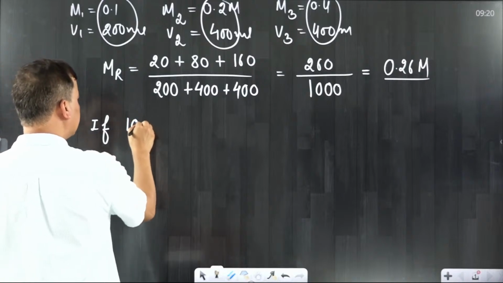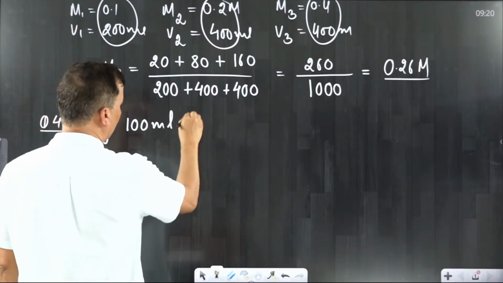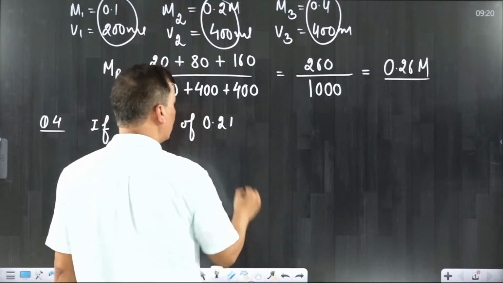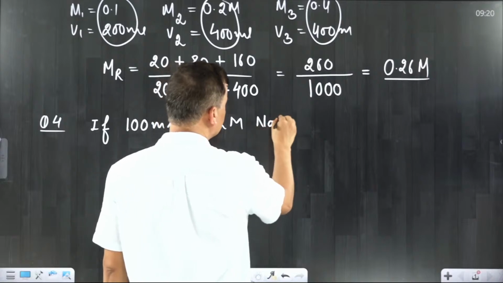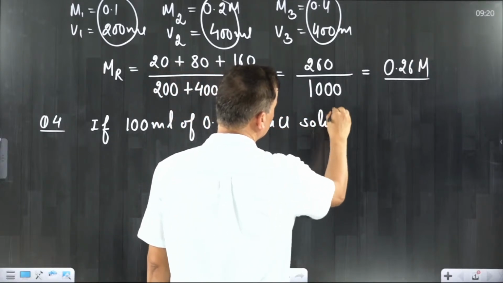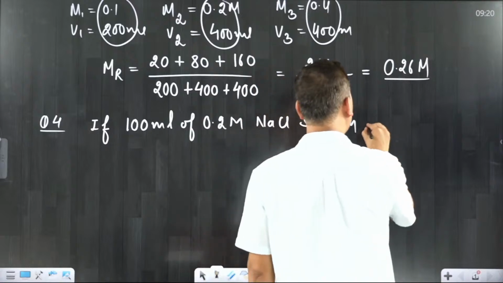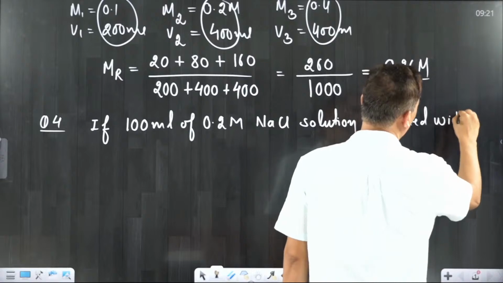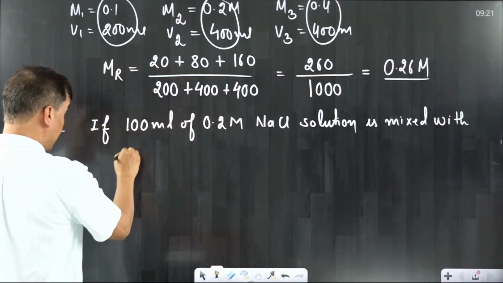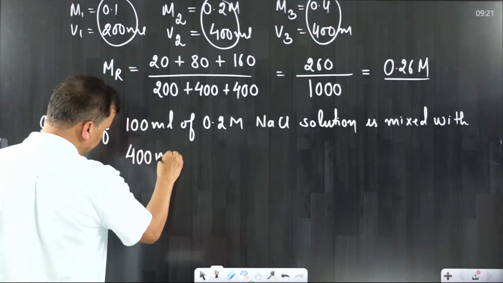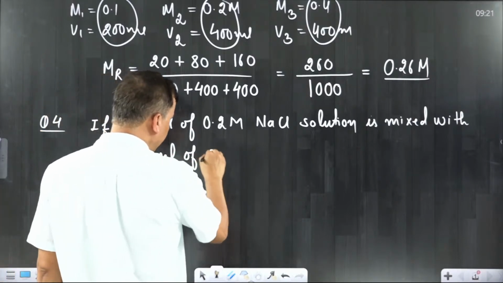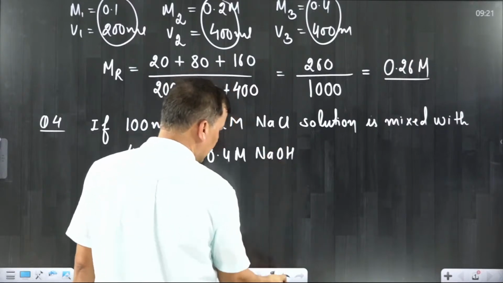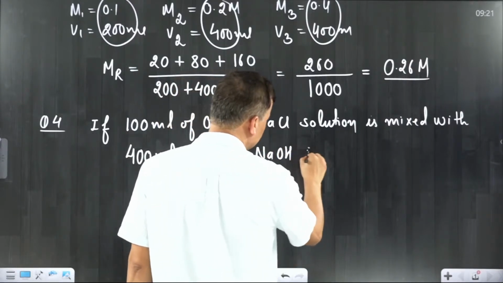We have 100 ml of 0.2 molar NaCl solution mixed with 400 ml of 0.4 molar NaOH solution.